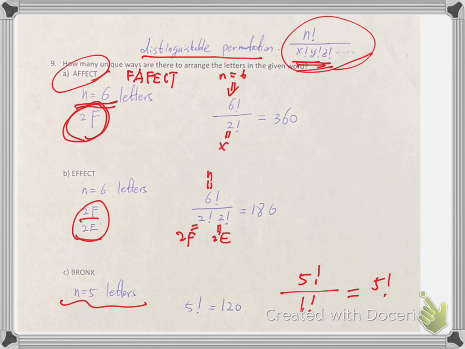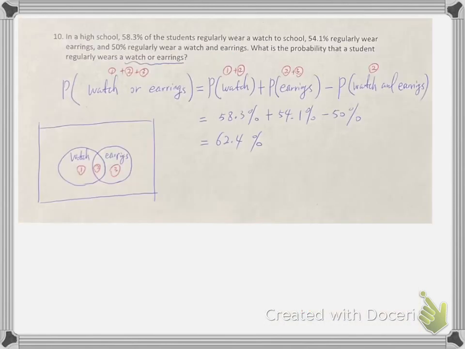If you have 3 F's, you divide by 3 factorial, and if you have 2 more E's, 2 factorial. N is just how many letters there are in the beginning.